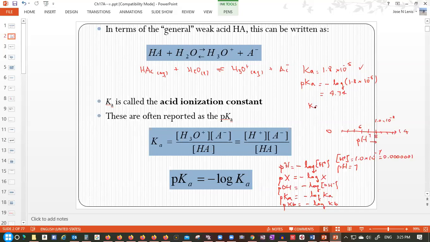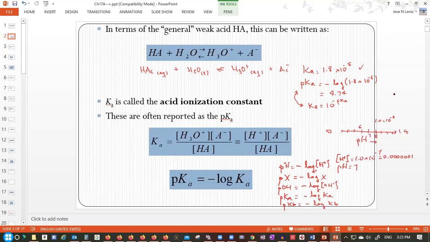Ka will be 10 to the negative pKa. And you will get back your number. So either way, a lot of times this is what we need to do. Use this, or sometimes you need both numbers. You will see applications of this later on.